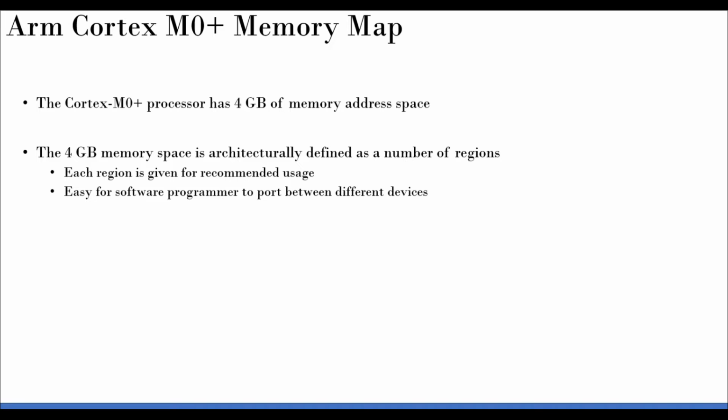And then, as I said, we briefly saw the memory map layout for Cortex M0 Plus. The 4 GB space is divided into a number of regions predefined by ARM. You can change it, but I suggest not altering it because it's quite optimized and you can directly start using it. For the microprocessor, it looks like 4 GB of continuous memory.